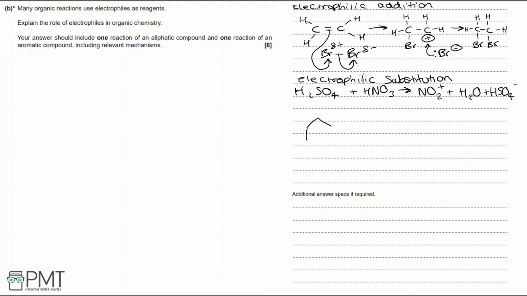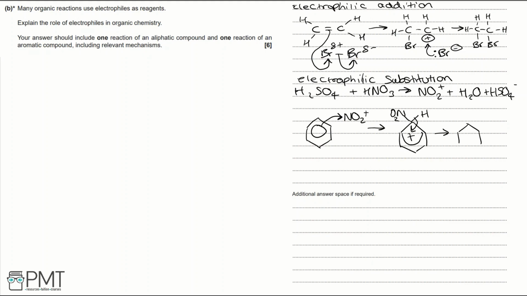The benzene ring is an electron-dense region, and so will be attracted to our electrophile, which is NO2+. And then we'll form our intermediate, again a positive intermediate, where we have a half-completed benzene ring with a positive charge, a hydrogen, and an NO2 group ready to be attached at the end.